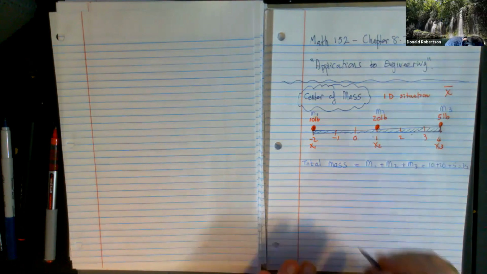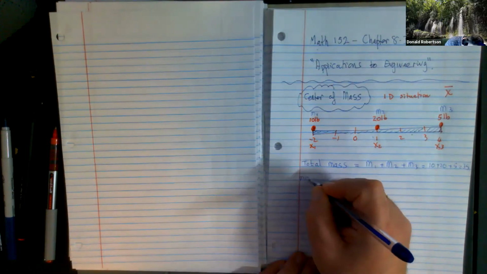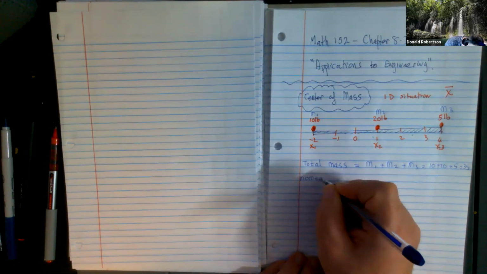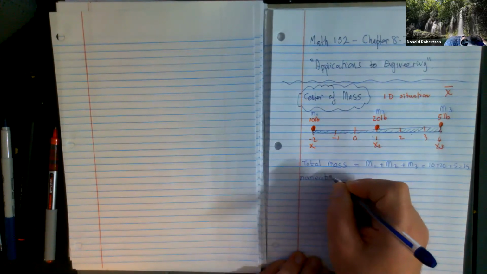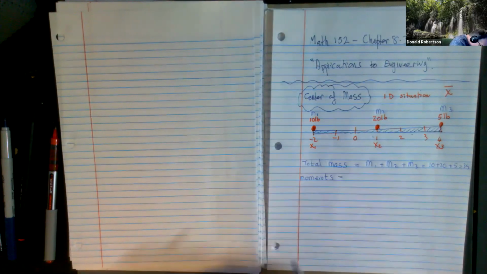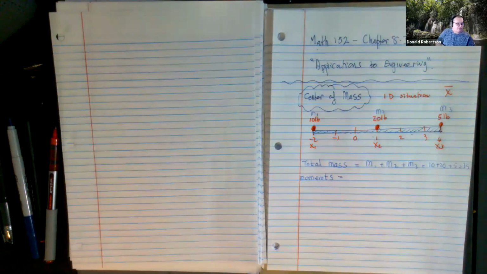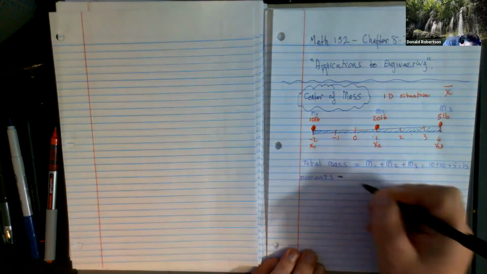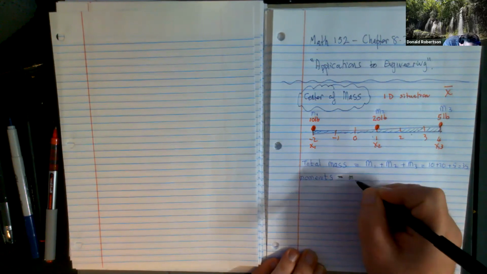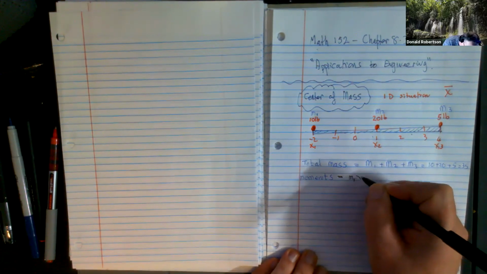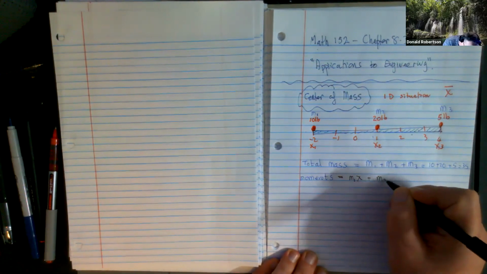And then we get a thing called the moments. Has anybody taken a physics class and heard the word moments? Right. So you multiply the mass with its position. This is how you calculate the moments.